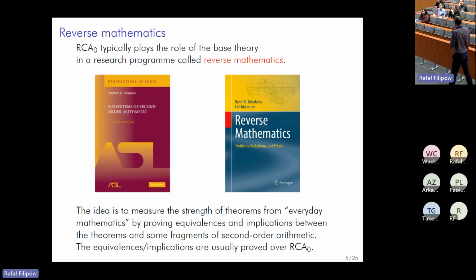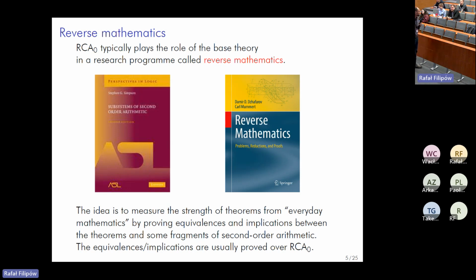So one major, possibly the major place where these theories appear is this field of logic, or this research program called reverse mathematics, where people want to understand the logical strength of theorems from mostly relatively ordinary mathematics.